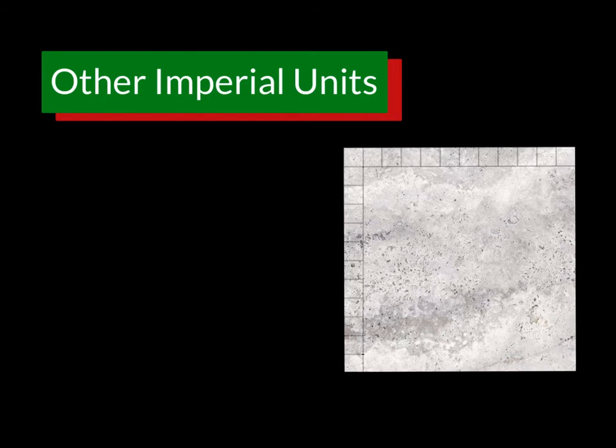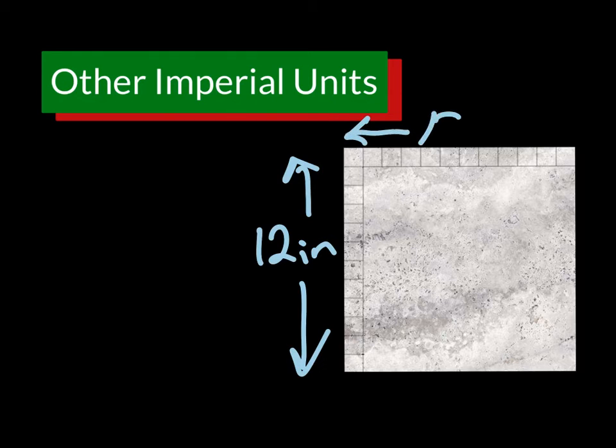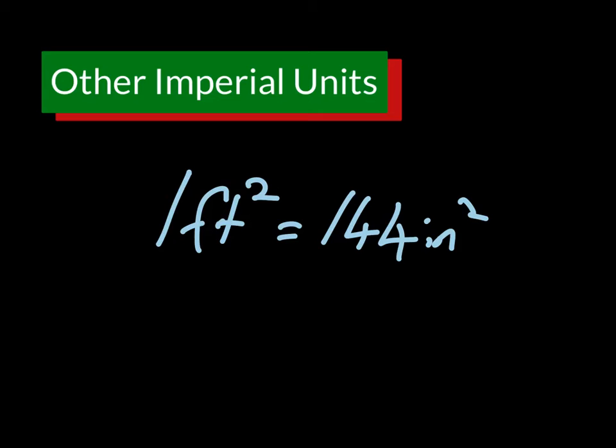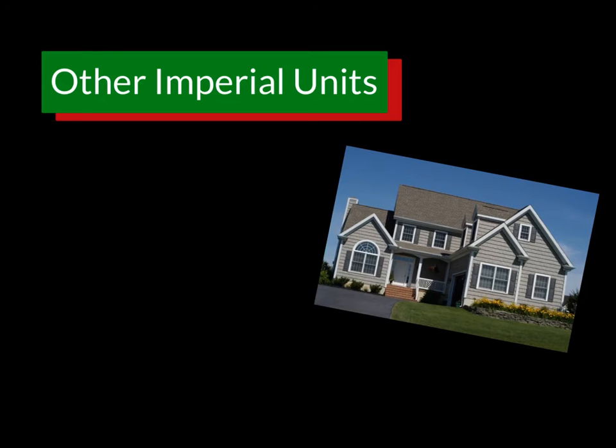So that's the same as saying 12 inches wide by 12 inches long. And 12 by 12 is 144, so it's actually 144 square inches is the same as 1 square foot. To convert among square feet and square inches, multiply or divide by 144.